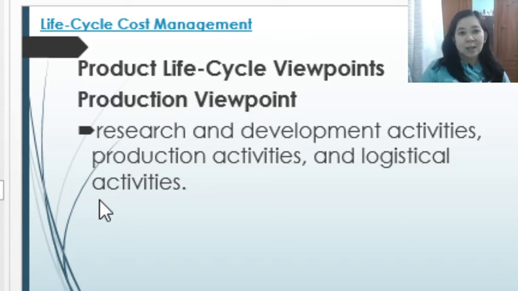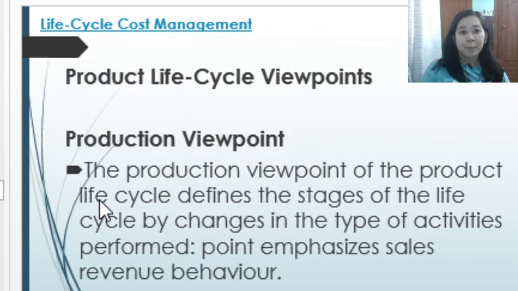This is what they mean under the production viewpoint for the product life cycle. So the production viewpoint is the stage of the life cycle defined by changes in the type of activities, whereas the marketing viewpoint emphasizes sales and revenue behavior.